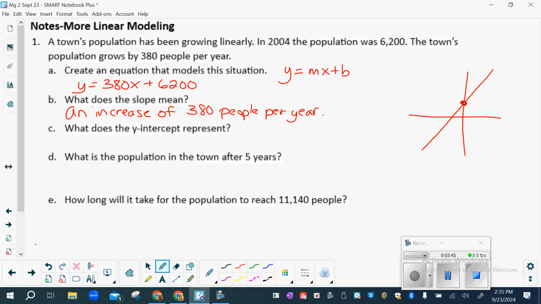What is that x value there on the y-intercept? Would the x value always be 0? 0, very good. So our x value is always 0. So when we're interpreting that y-intercept, that x value is a 0. So what is that x value talking about?